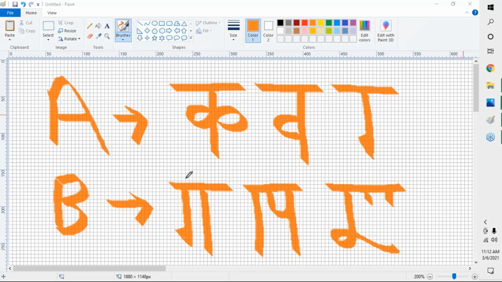Now if I see here, 1, 2, 1, 2, 3, 1, 2, 3. So these category B consonants are where the alphabet touches the Shirorekha more than one time.